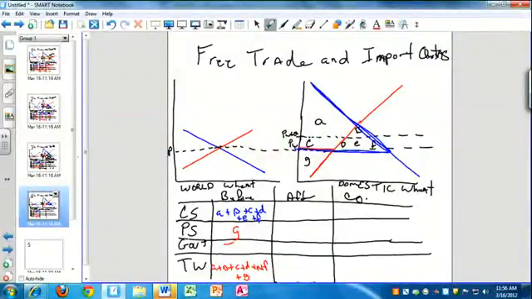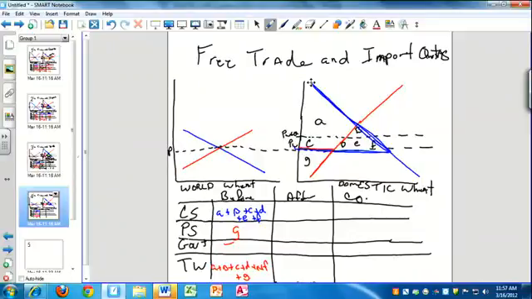Now, an import quota is put into effect. That does what? It's a legal limit on the imported quantity of a good that is produced abroad and can be sold in domestic markets. So, afterwards, and that drives up the price, what's my consumer surplus?